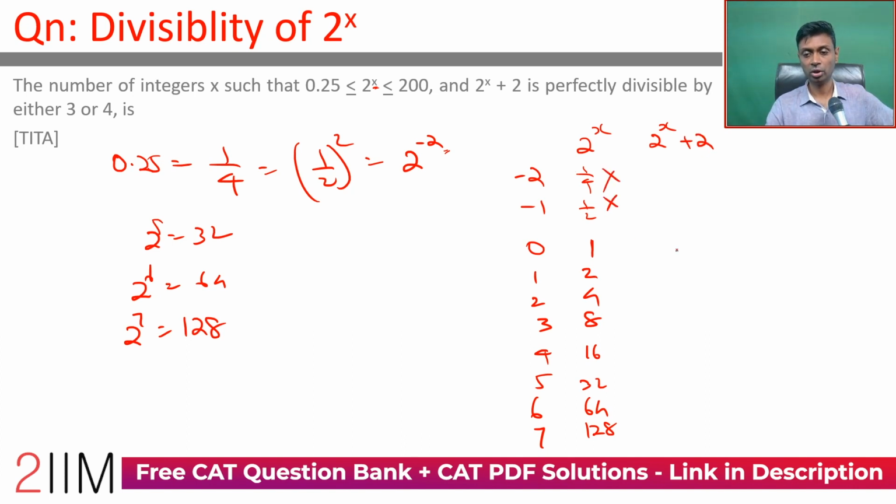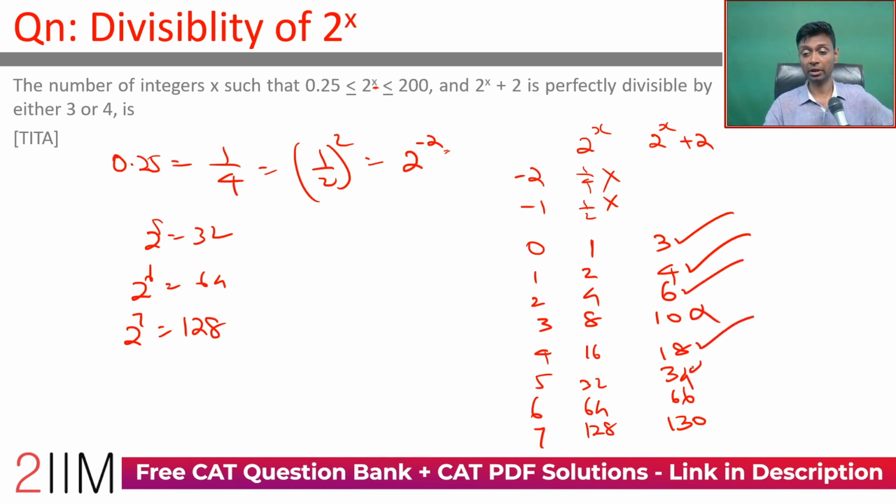I don't have to worry about this. 1 plus 2 is 3. 2 plus 2 is 4. 4 plus 2 is 6. 8 plus 2, 10. 16 plus 2, 18. 34, 66, 130. 2 power x plus 2 is perfectly divisible by either 3 or 4. This works. This works. Divisible by 3 does not work. You have 1, 2, 3, 4, 5. 5 values where this works.